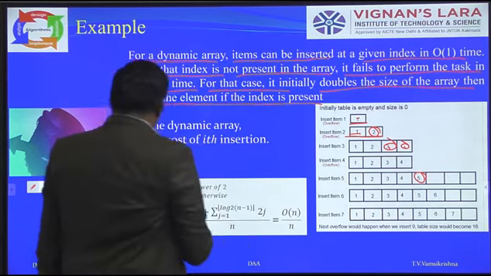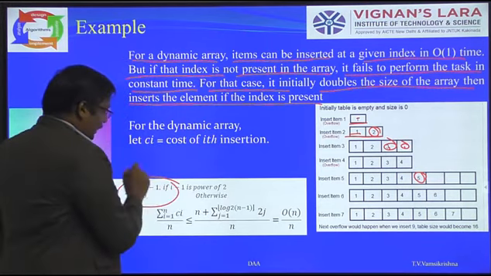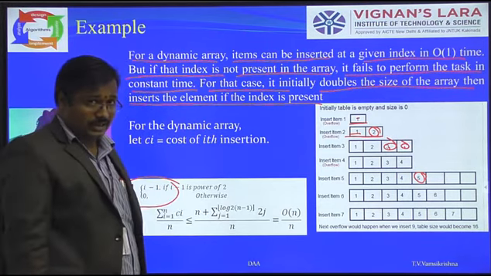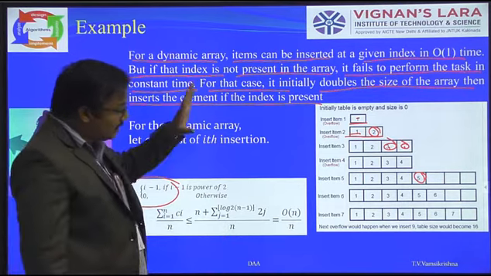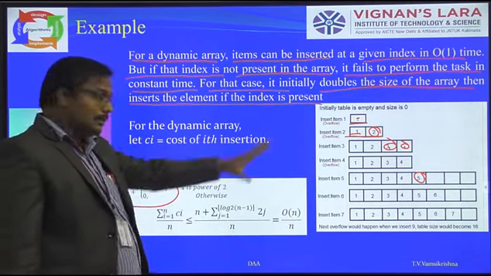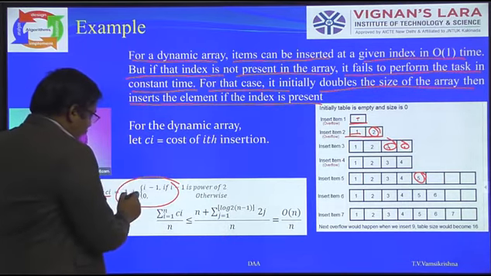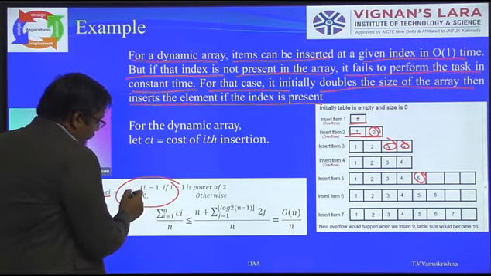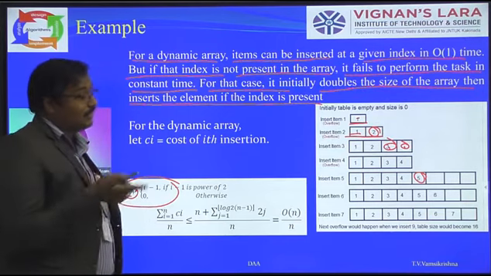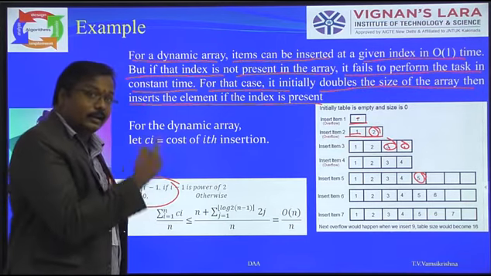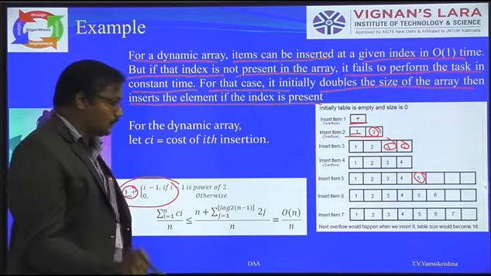So in this case we want to calculate the total cost for performing this task: C of i is equal to 1 plus, since initially we insert one element directly, that results in 1.